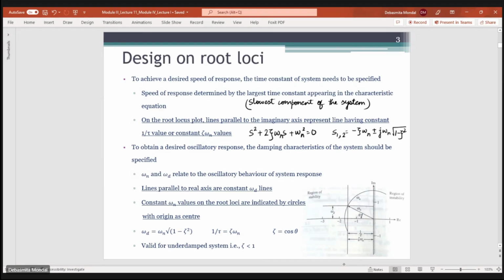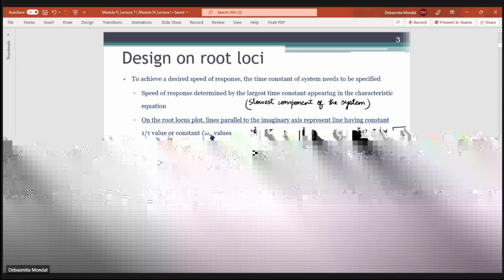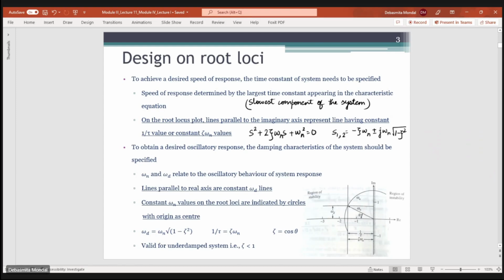Okay. Similarly, if you want a certain desired oscillatory response, go back to when we were talking about the time response of a second order system. We saw that if your system is an underdamped system, the step response of the system was oscillatory in nature, right? The oscillations were damping down.